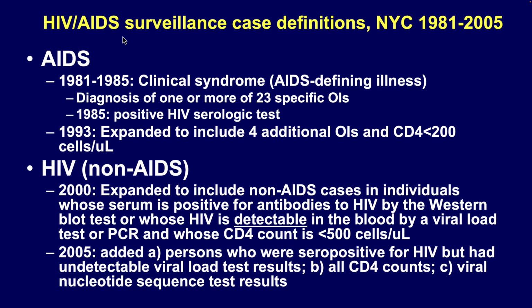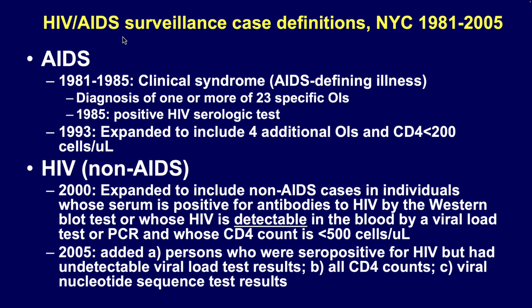In 1993, as we mentioned before, 4 new opportunistic illnesses were added, as was a CD4 count laboratory test that showed immunodeficiency. Both of those were added to the AIDS case definition, and the addition of CD4 testing to the case definition also brought with it new laboratory reporting requirements.